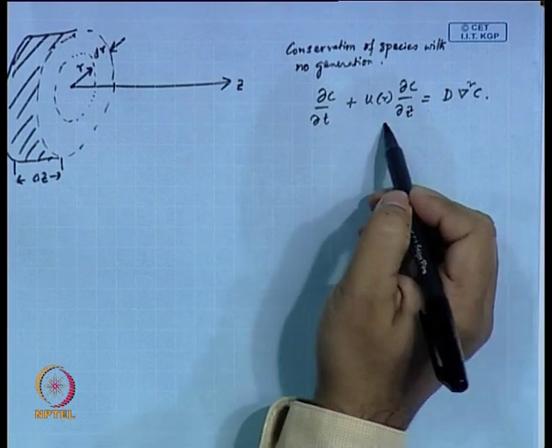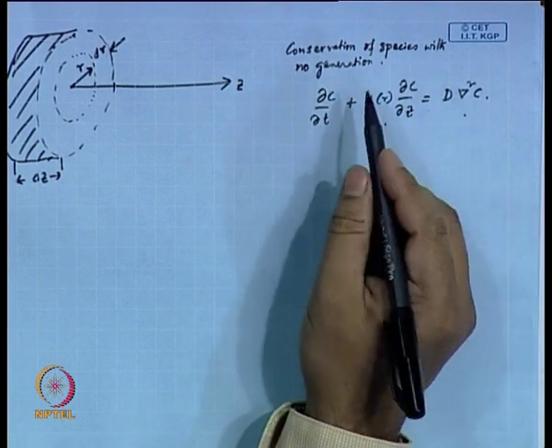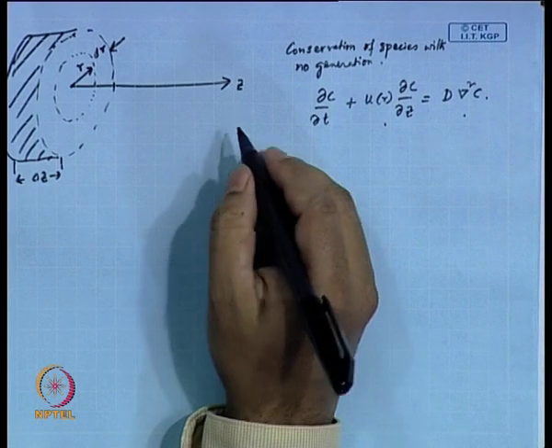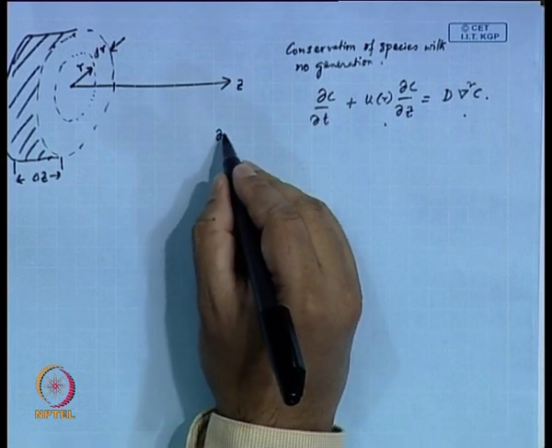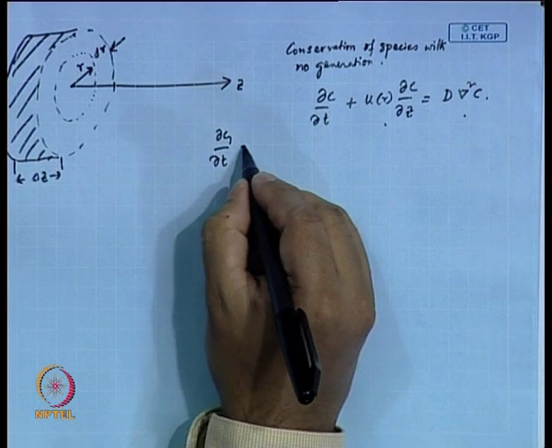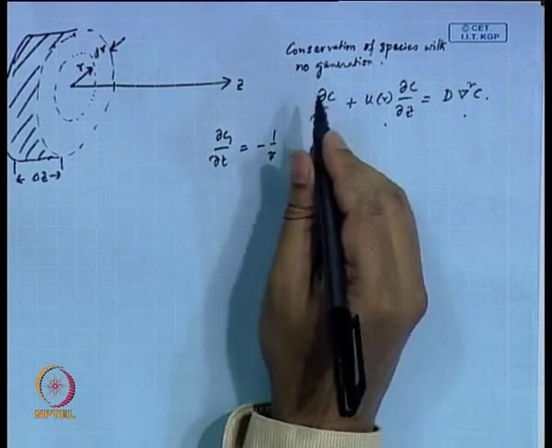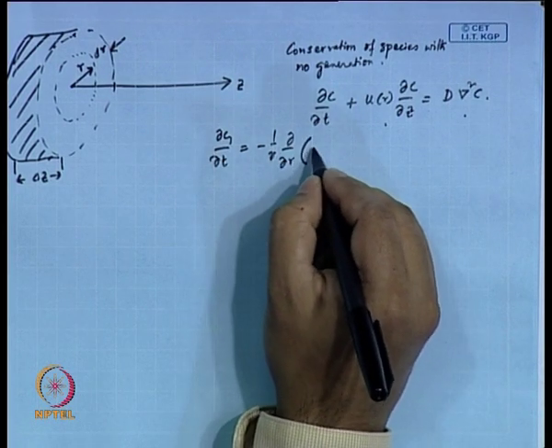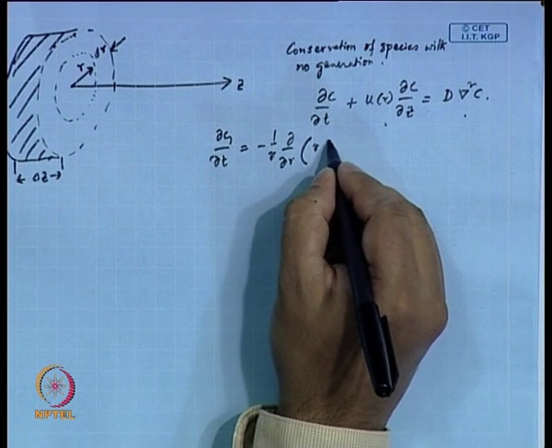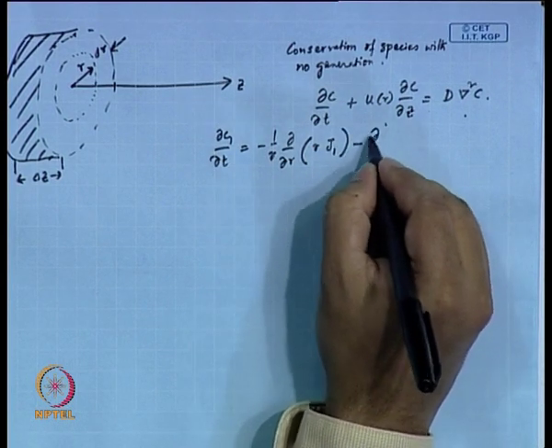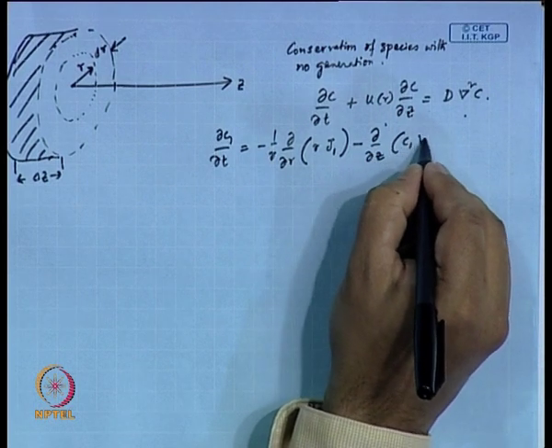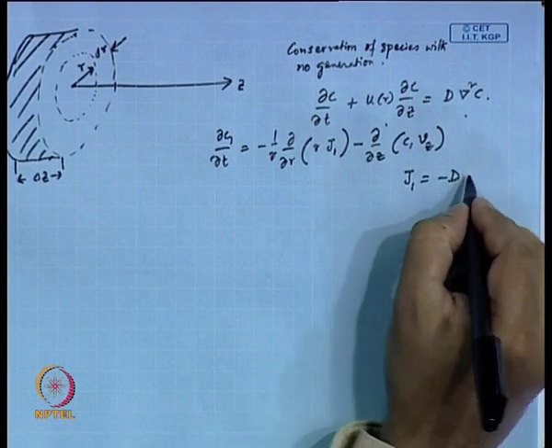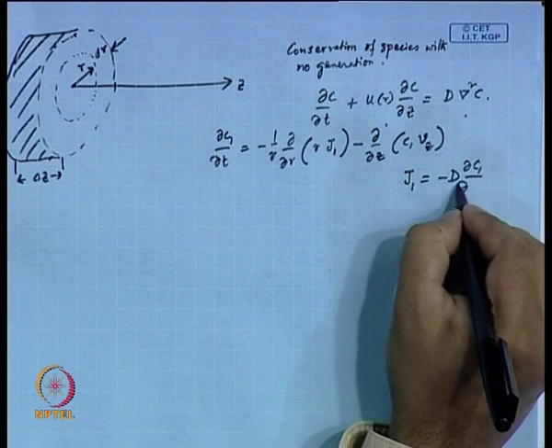So, we talked about the axial convection and the radial diffusion. If we extend this form of governing equation to this case, we get del C1 del t equal to minus 1 by r del r of r G1 minus del z of C1 V z, where G1 is equal to minus D del C1 del r.